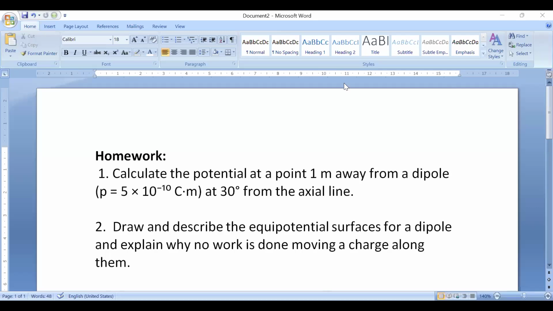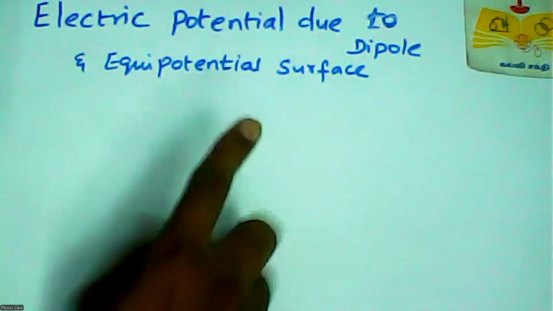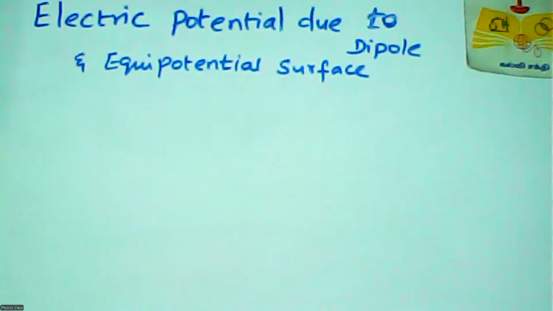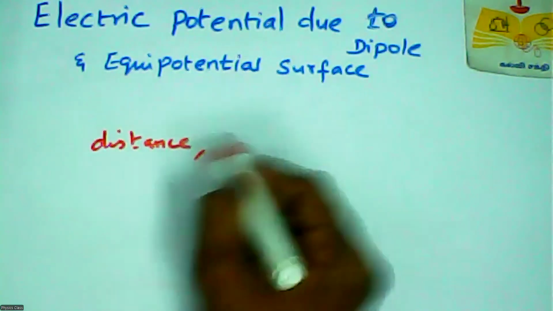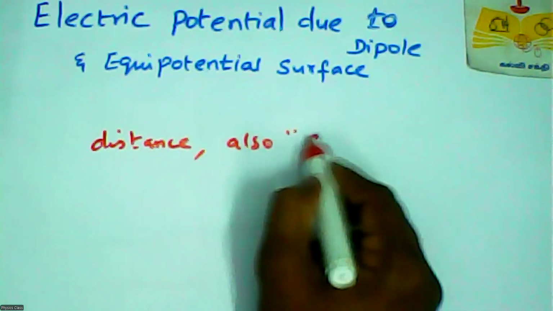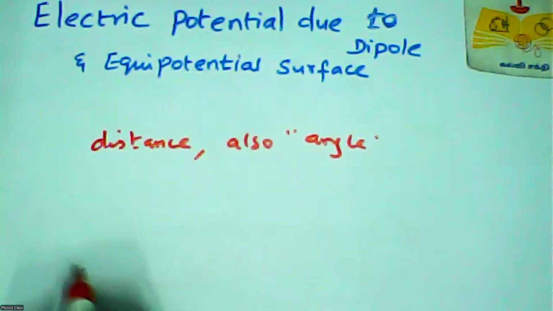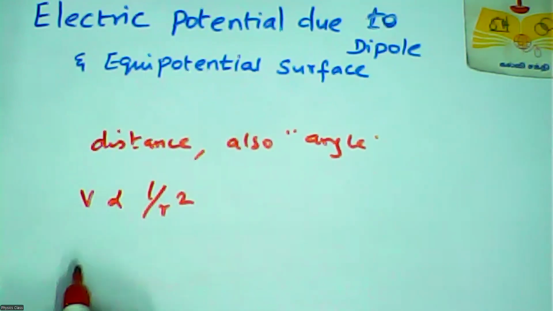So let's summarize. We have learned that electric potential due to dipole depends not just on the distance, but also on the angle related to the dipole axis. The potential decreases with the distance as 1 by r square.